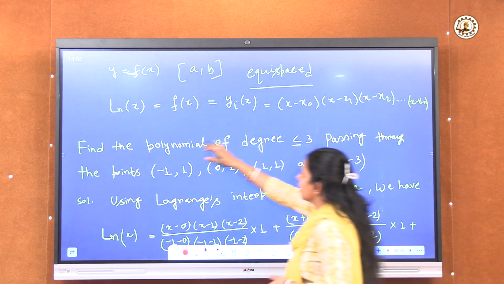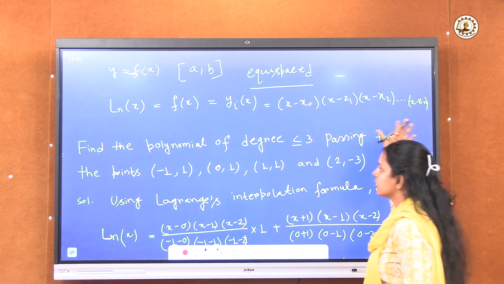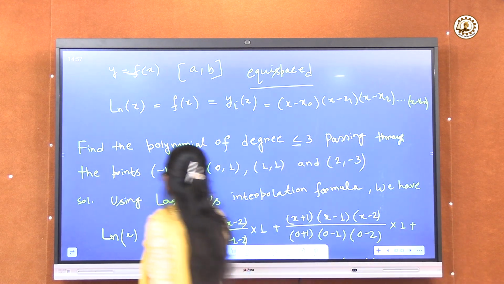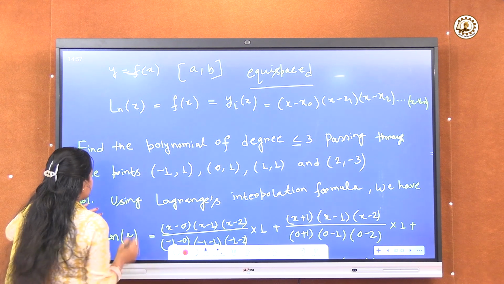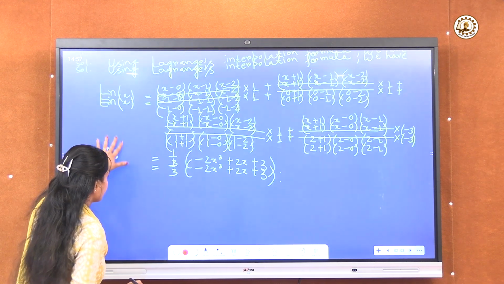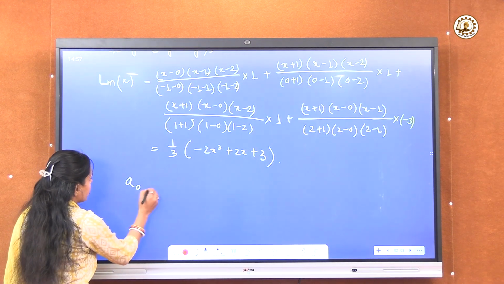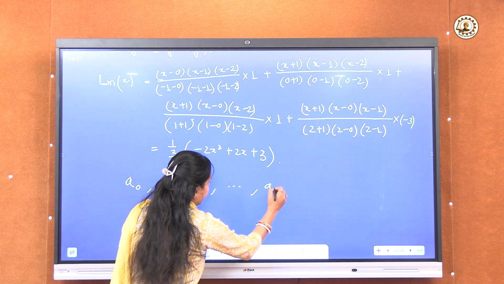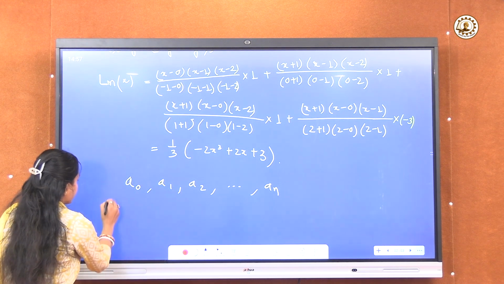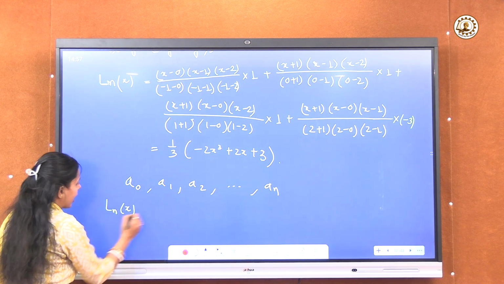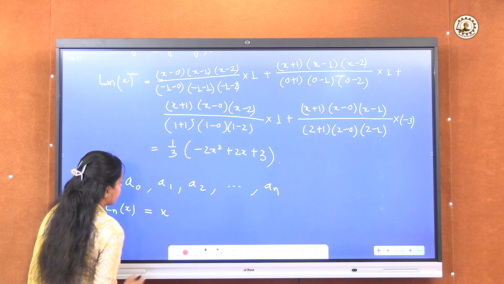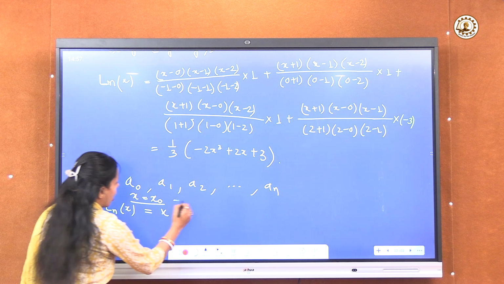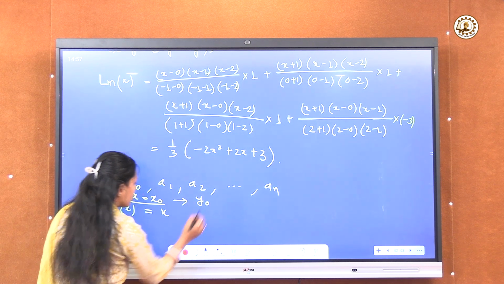Here L_n(x) is the Lagrange interpolation polynomial, and it has some constants. What are the constants? The constants are a0, a1, a2 up to an. At first we take x equal to x0, so our polynomial value is y0.